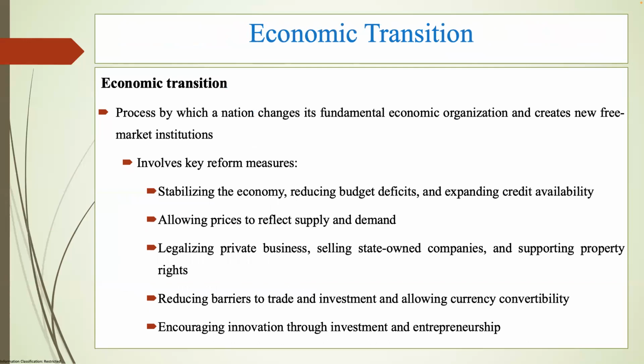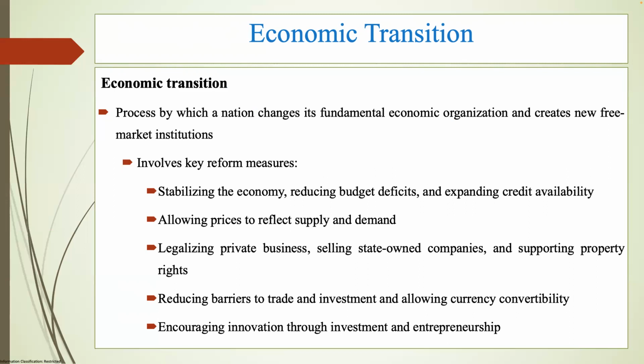Countries with formerly planned economies have been remaking themselves in the image of stronger market economies. This process, called economic transition, involves changing nations' fundamental economic organizations and creating entirely new free market institutions. The process typically involves several key reform measures to promote economic development.